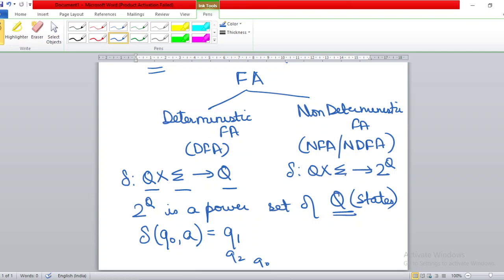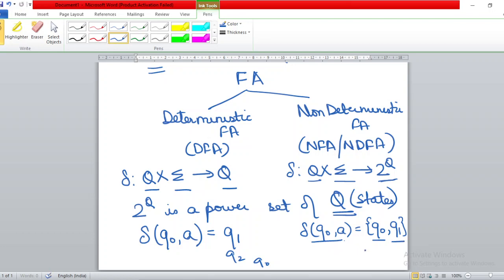Now, in the case of NFA, for a given state and for a given input symbol, there could be a transition to more than one state, and that is why 2 to the power of Q is written over here. What it means is that if in state q0, if I give the input as a, if supposing there is a move that I can remain in state q0 or I can go to q1, that means in q0 on giving a, you can go either to this state or you can go to this state.